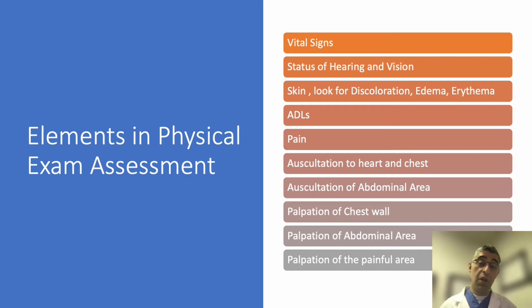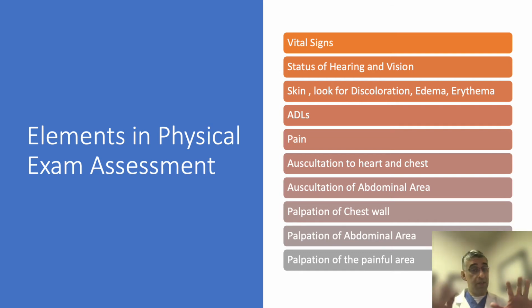It means that we have an obstruction problem there. Palpation of the chest wall: somebody says my chest hurts, and you palpate and say, ow, there's a lot of pain here. That definitely means a lot of musculoskeletal pain is involved. I'm not saying 100%, but cardiac is less likely. It's more chest wall pain. And for palpation of the abdominal area, if somebody says I have pain, go ahead, listen to the belly first, and then put your hand on the belly.